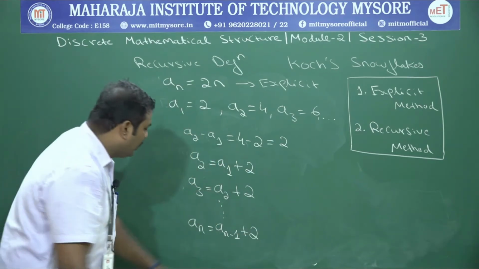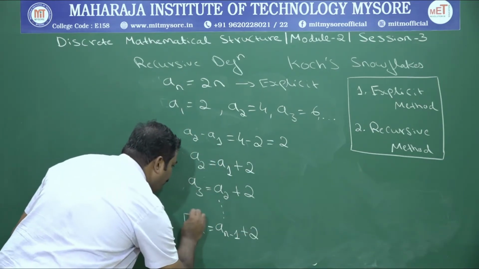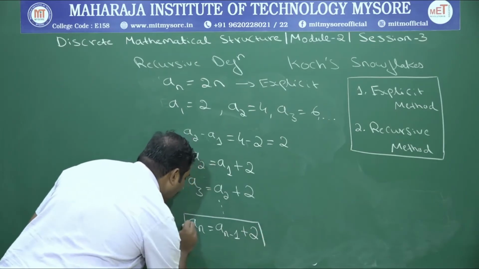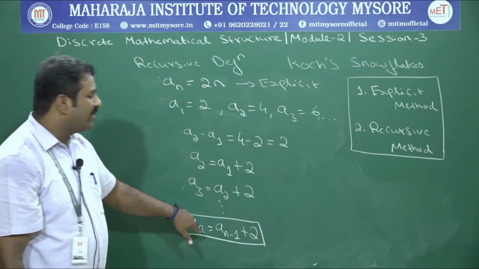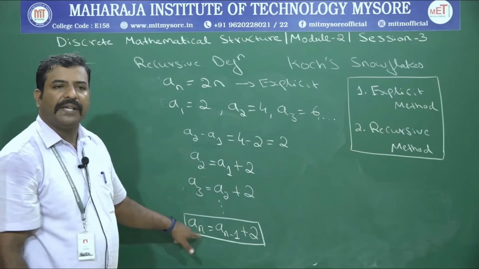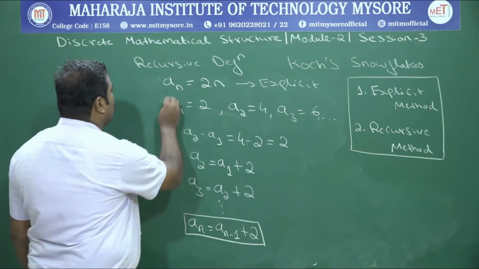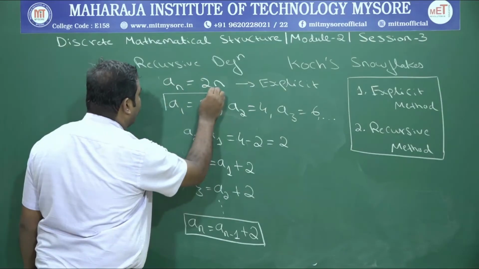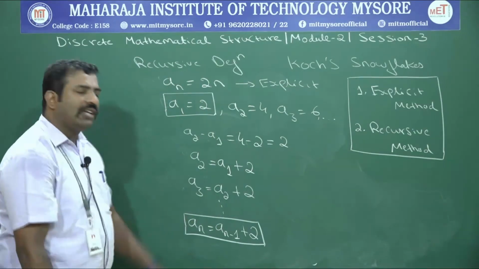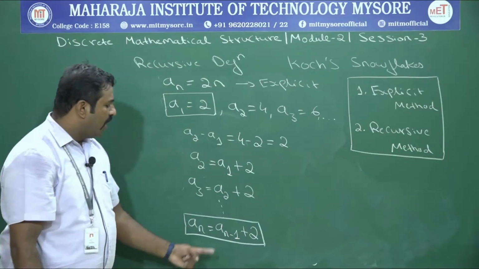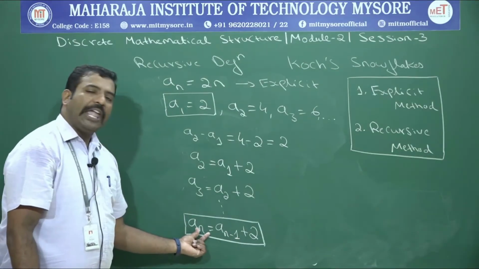So this is going to be the recursive form, and this is the recursive rule. Now, what is the base value, or the basis for this? That is going to be the very first element, a1 equals 2. So from where I need to start to compute the recursion, I already know a1 equals 2.